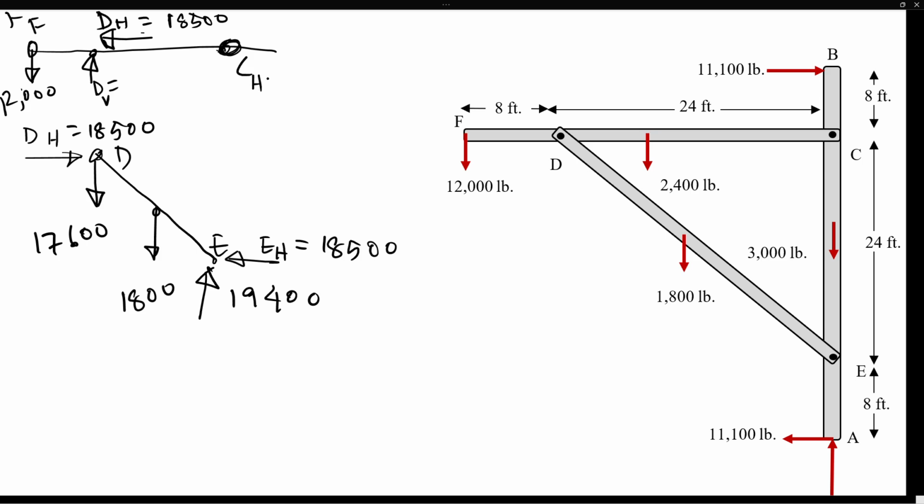So then the horizontal component at C is going to be in the right direction. And then the C vertical was 3,200.